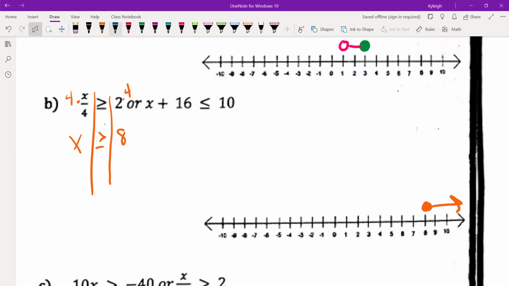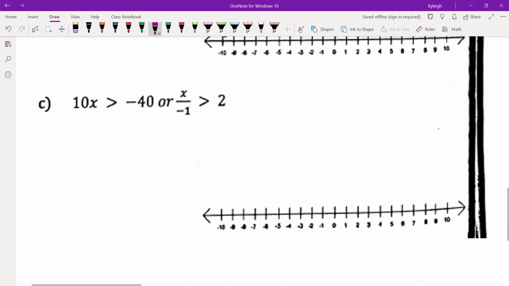All right. Next one, the opposite of adding 16 is to subtract 16 on both sides. You get x is less than or equal to -6. Then at -6, we'll have a closed circle going to the left.